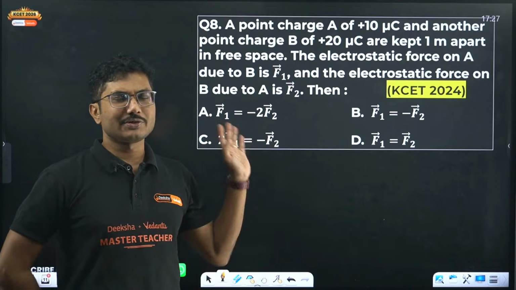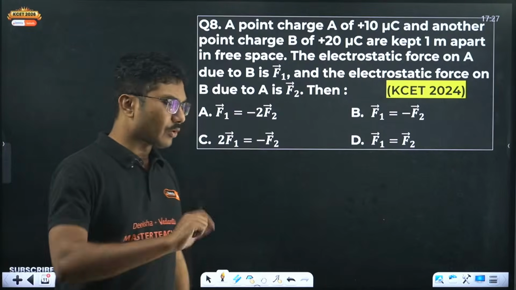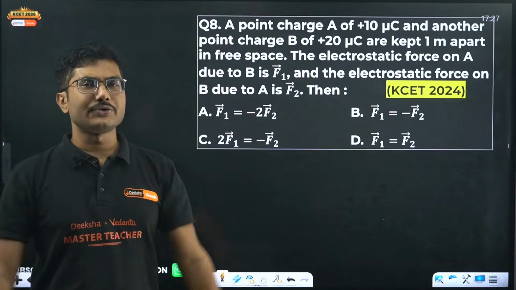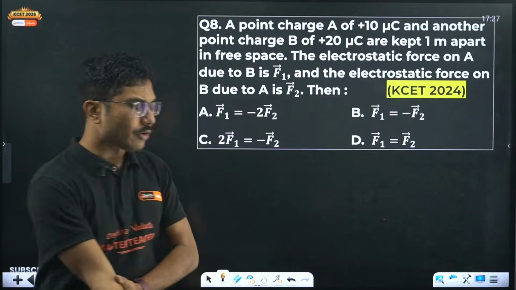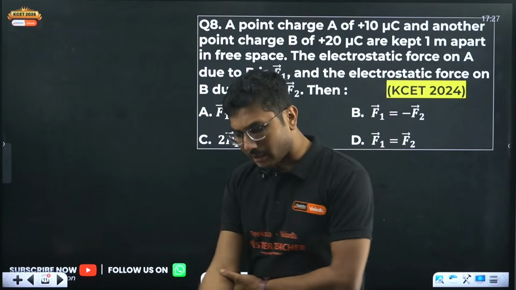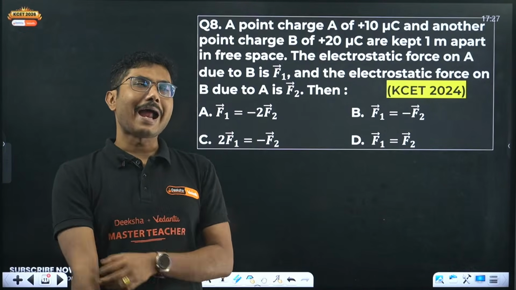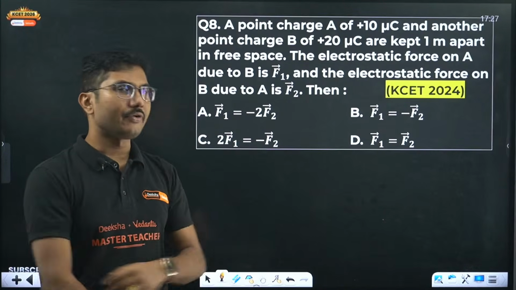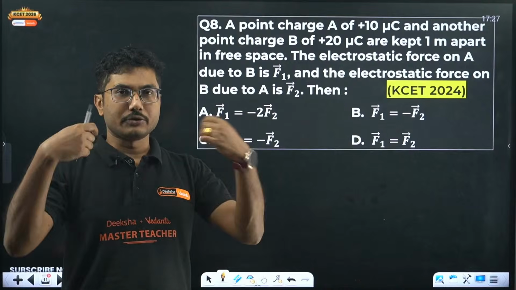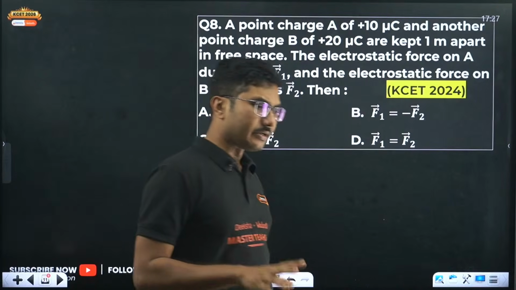All the questions from this chapter, as you can see so far, are very easy. Once or twice some difficult questions came, but remember that if a question is difficult, it is difficult for everyone, not only for you. Instead of wasting 10, 15 minutes on a single question, you should just read it.